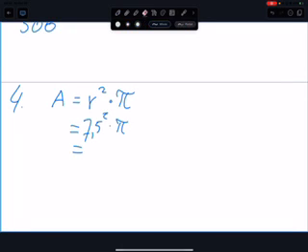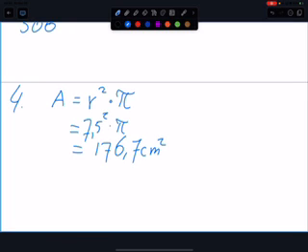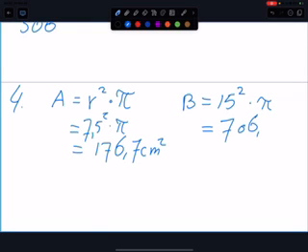That equals 176.7 square centimeters. 1 point for that. The area of B would have been 15 centimeters squared multiplied by pi. That answer would have become 706.9 square centimeters.